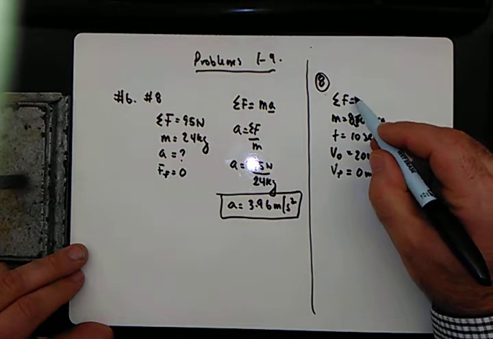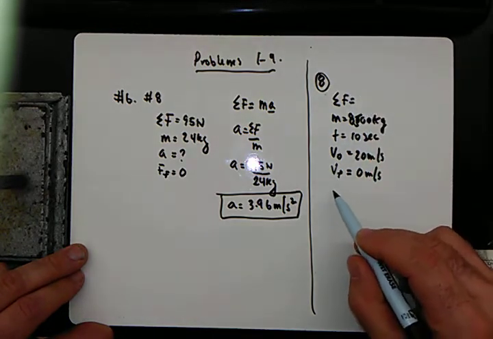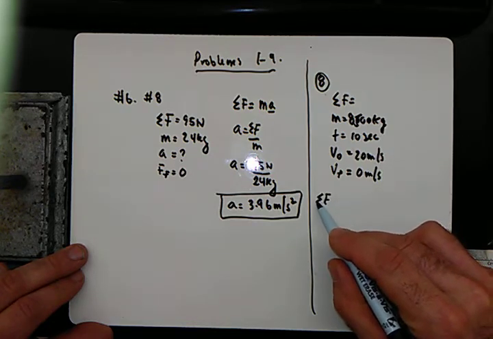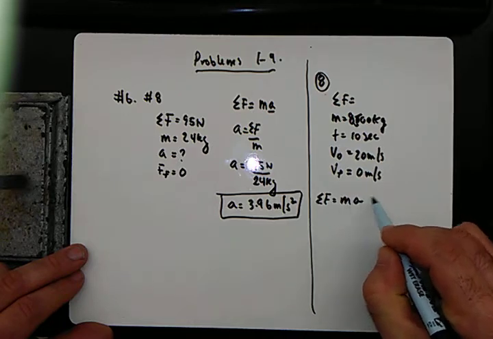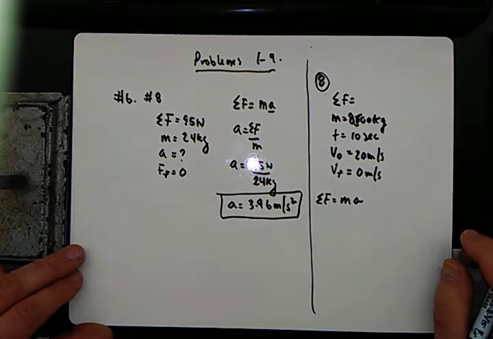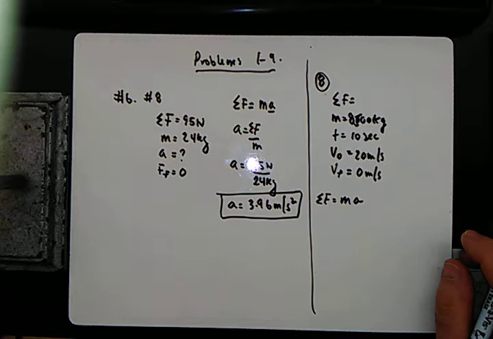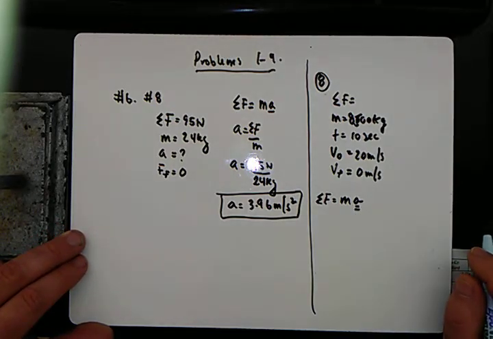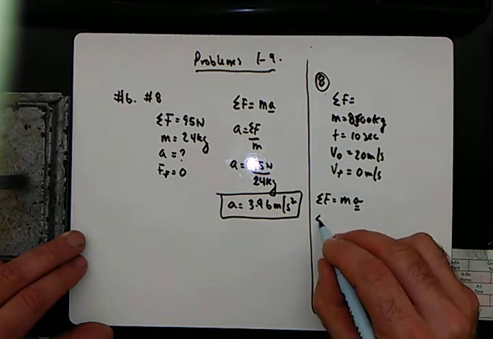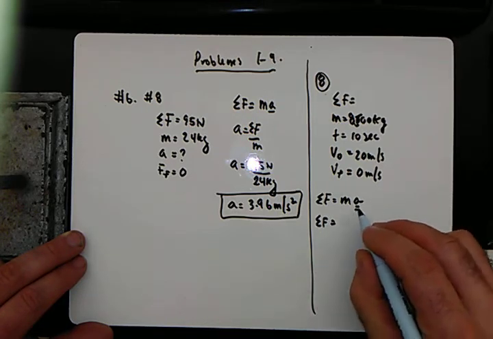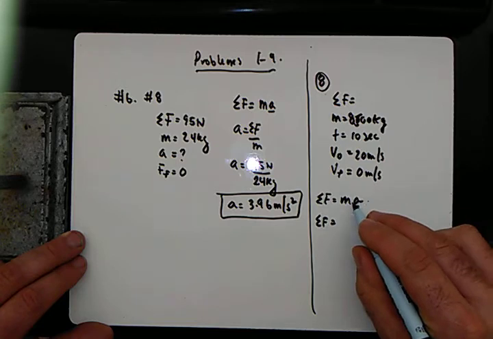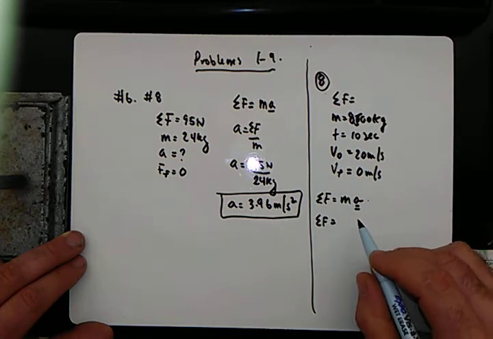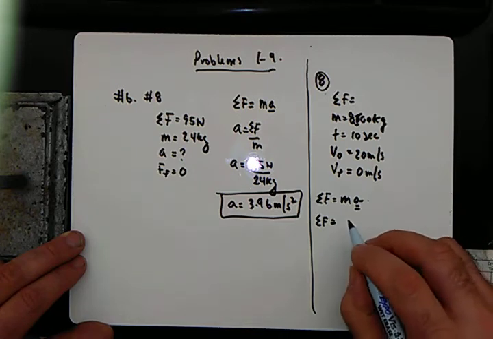So also I'm looking for force, just like in number 6. And we know that the net force is the mass times acceleration. Okay, so now here's where you have to get into the art of substitution because we don't have acceleration. But if I substitute final velocity, initial velocity, and time for acceleration, I can come up with a solution.